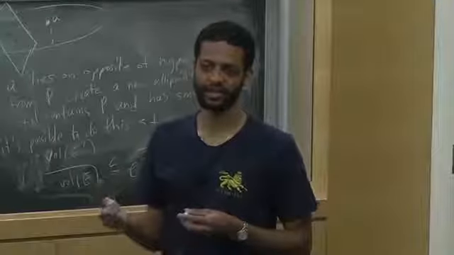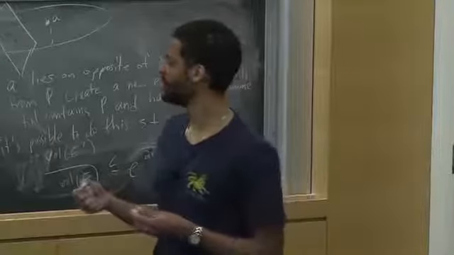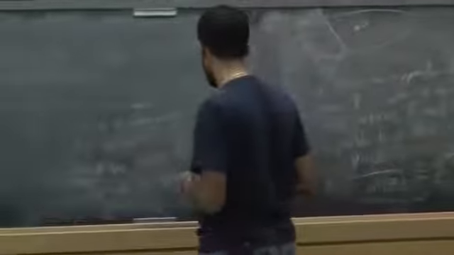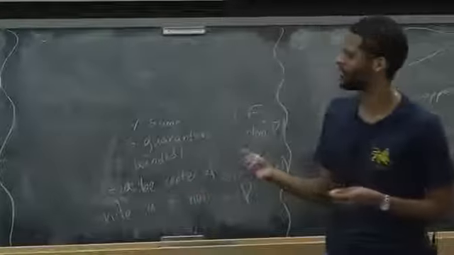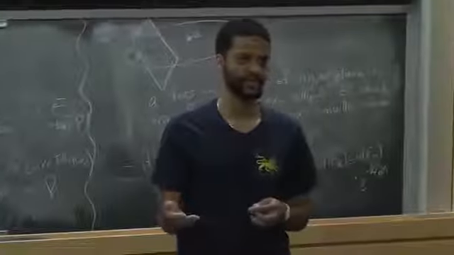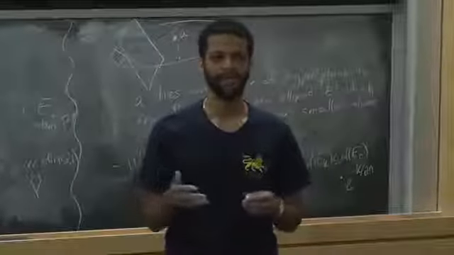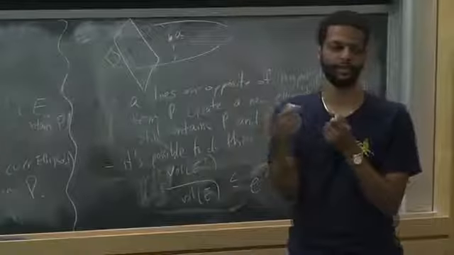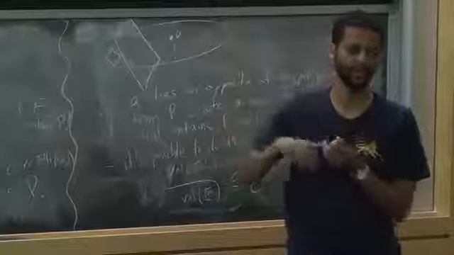In fact, the best known implementations of interior point, before last year, the number of iterations was like L times square root of M, where M is the number of constraints. There was a paper just this year which showed that the square root of M term can be improved to square root of the rank of the constraint matrix.